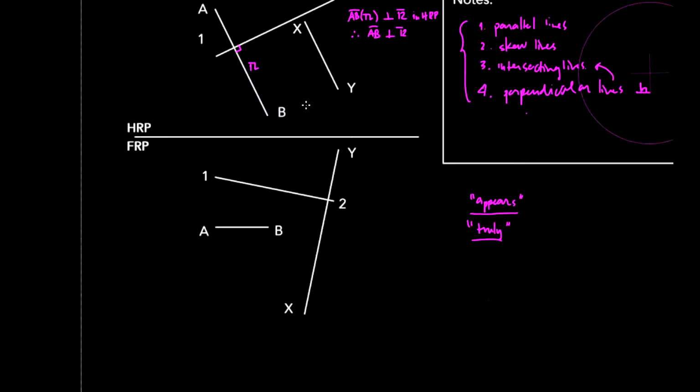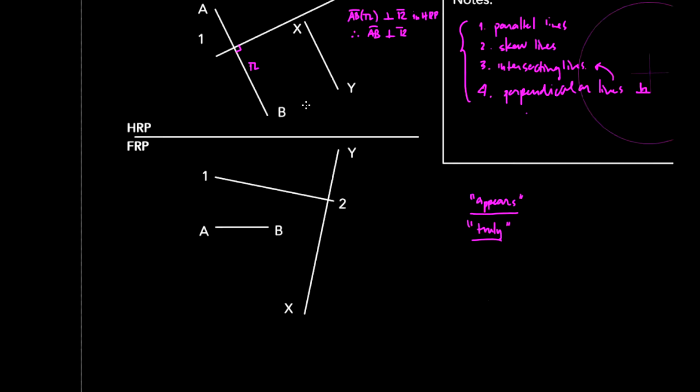Because there is no additional view that will show to us na magiging perpendicular yung two lines na to. Okay? So isa din to sa consequence ng relationship na sinabi ko kanina, yung requirement na sinabi ko.